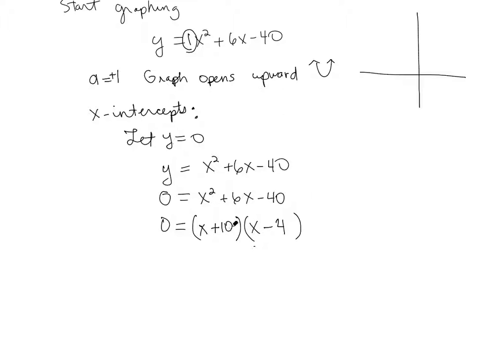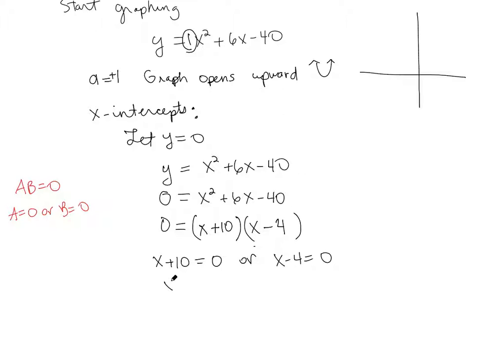Now, once we have this, we can take advantage of this fact: if a times b is equal to 0, then either a is 0 or b is 0. Because we have a product that's equal to 0, either the first factor, x plus 10, is 0, or the second factor, x minus 4, is 0.